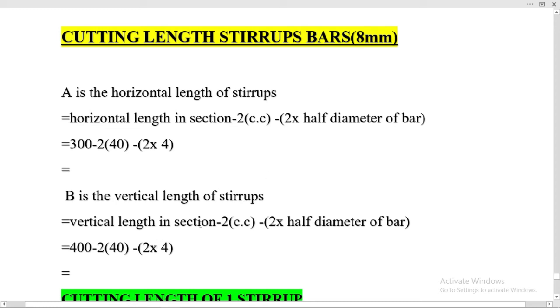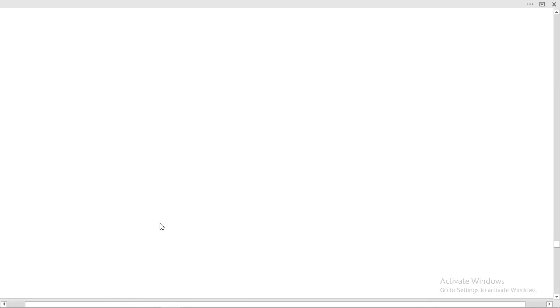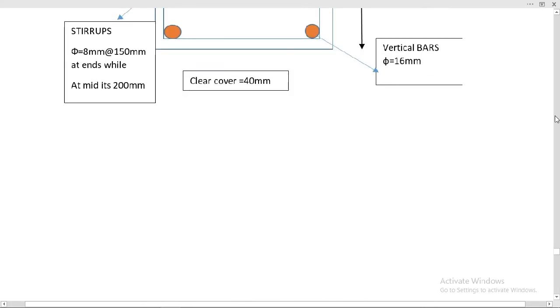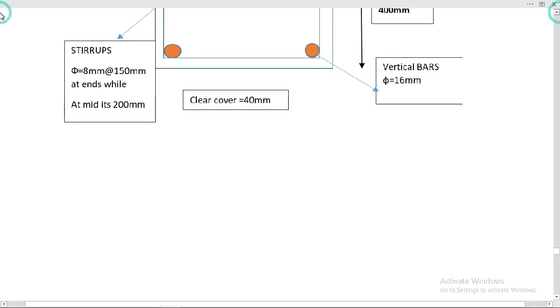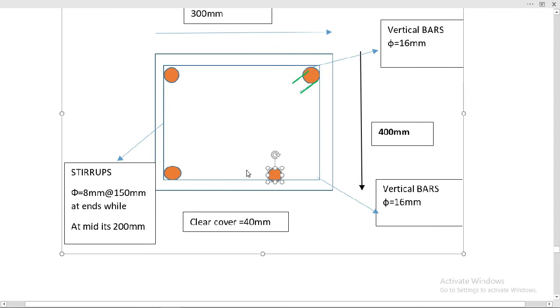Okay, let me show you in the section view the horizontal length and vertical length of the stirrups. Here is the section view. This is the stirrups, and these are the hook length.